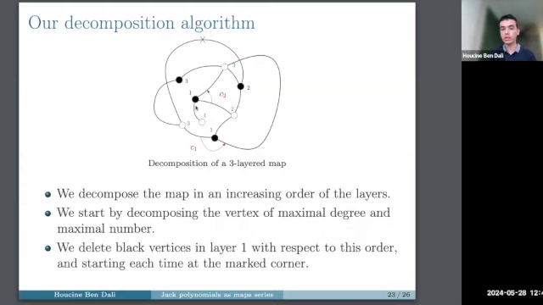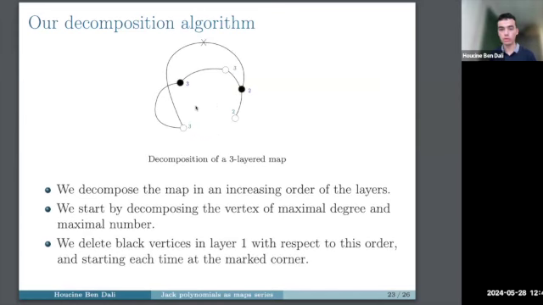So they cannot be related, for example, to black vertices in layer 2 or 3. So by the end, we only have vertices in layer 2 or 3, and we can restart with layer 2, until having just an empty map by the end.